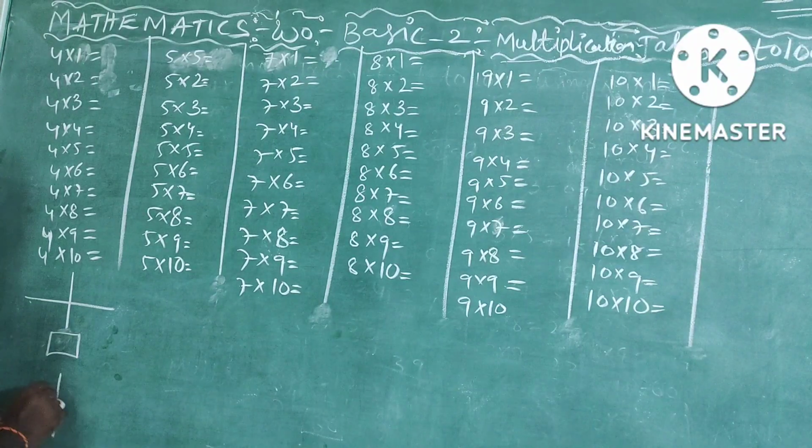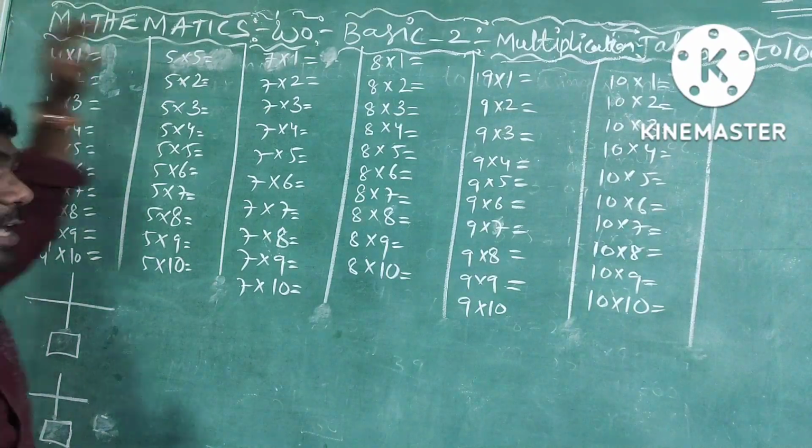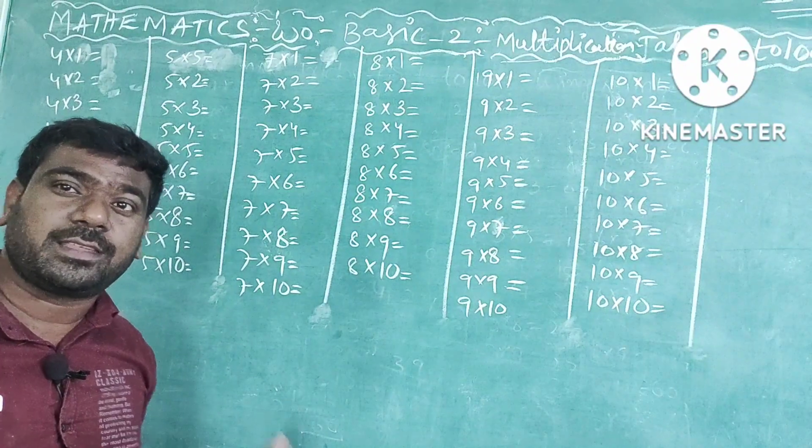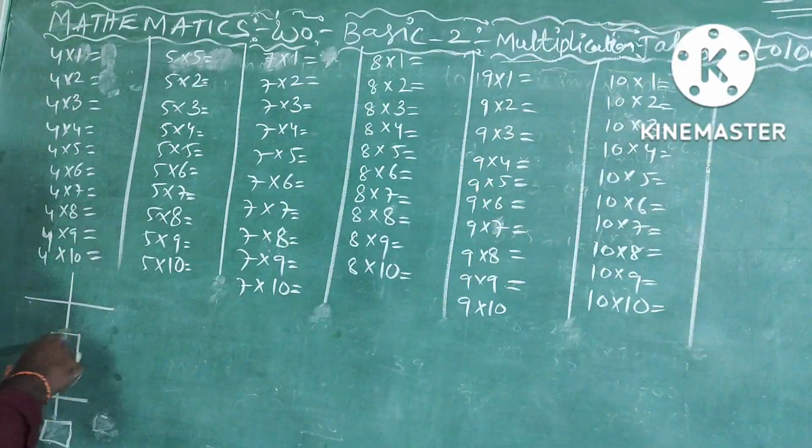Again, like a plus symbol and a box. I am writing a box here and another box here. It is the same process as the 3 table, but what type of numbers should we keep here?